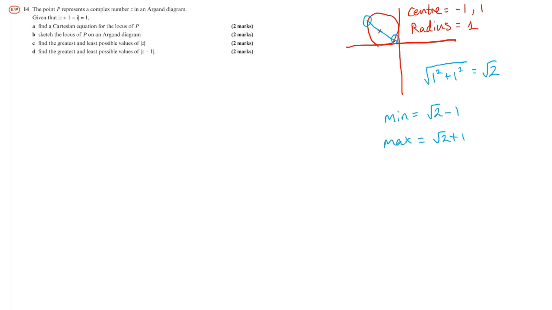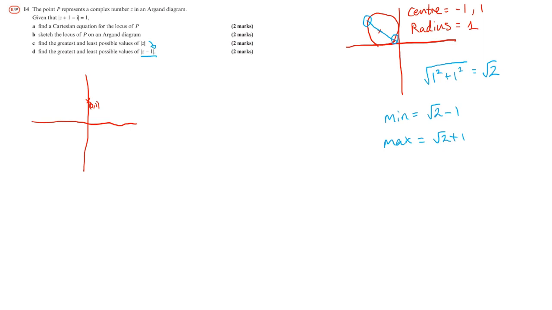Right, now it says find the greatest and least possible values of the modulus of z minus i. So you can see from here to here it would be a transformation. Let's draw this new graph. We're going to move it: rather than going negative 1, we're going positive 1. So the centre is going to go from minus 1, 1 to 0, 1. So we're going to go up here. This is 0, 1.